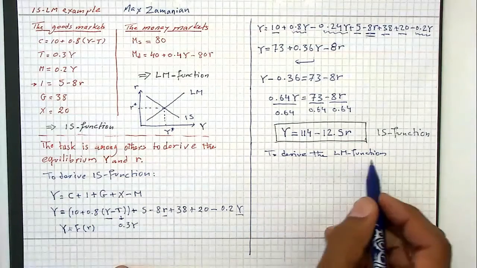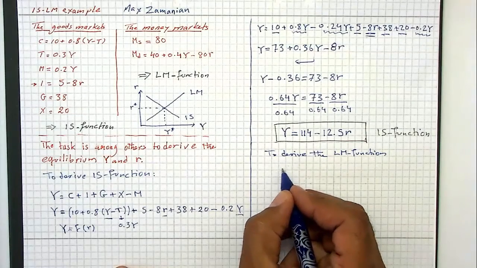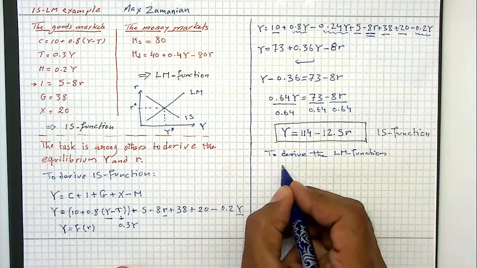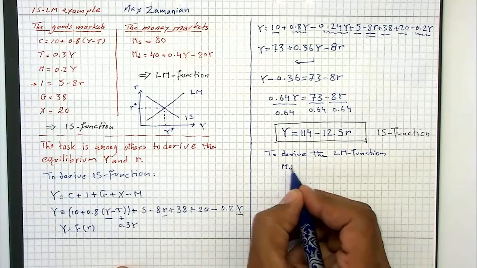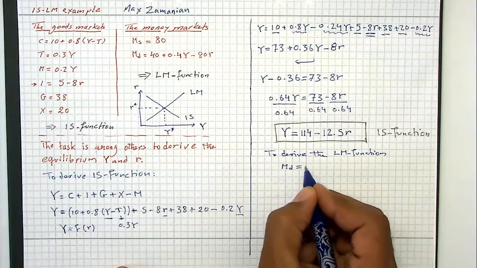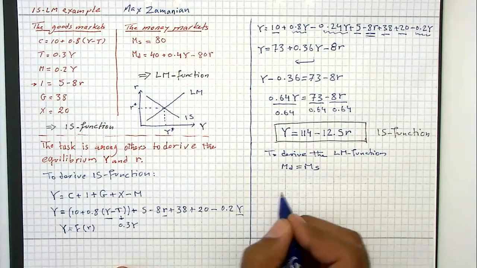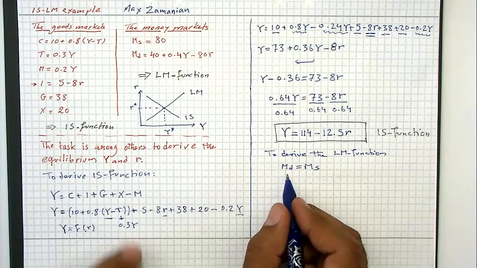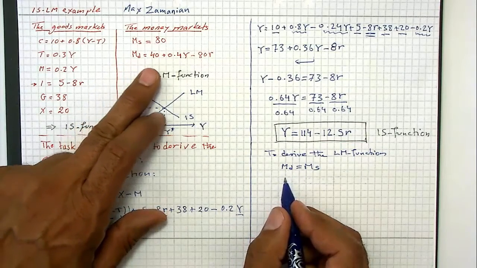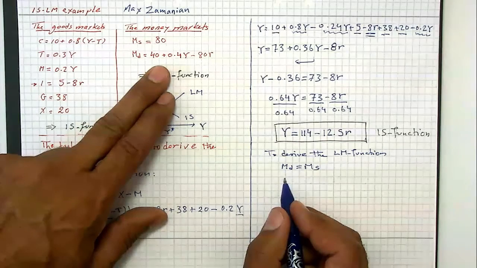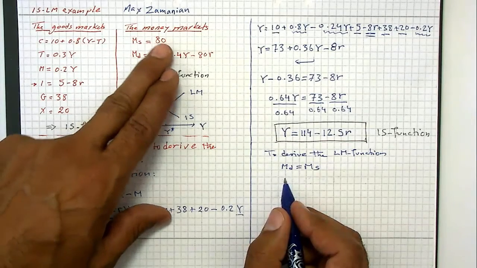to derive the LM function. We set the equilibrium condition for the money market, where money demand is equal to money supply. We can write the right hand side of this equation.